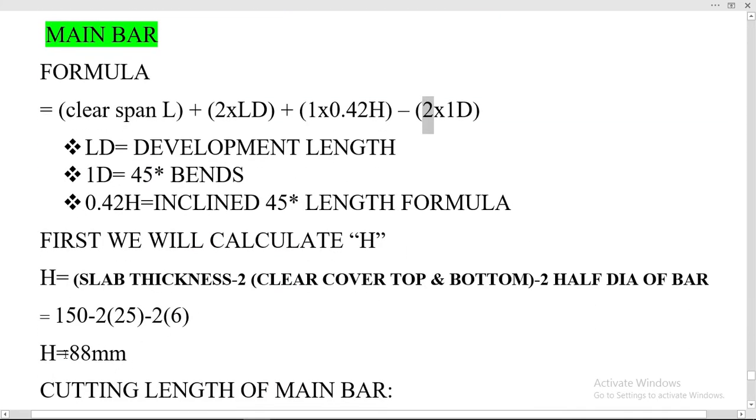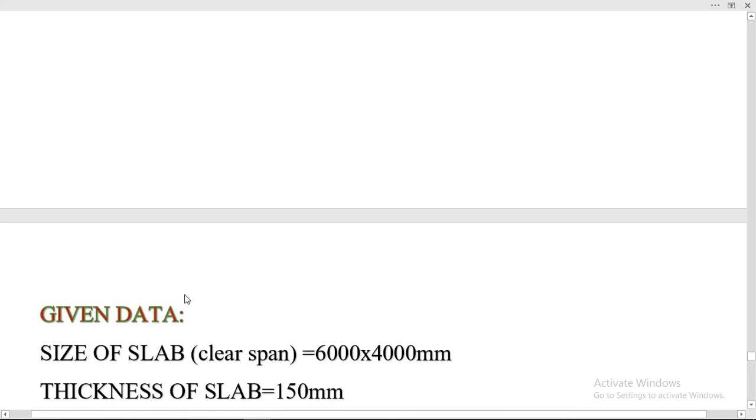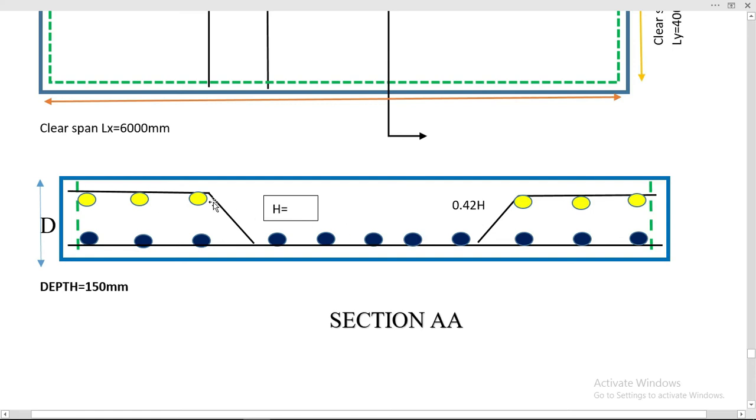So first we will calculate the H value. In the section you can see the H value. Depth is 150 millimeter, so we will deduct top and bottom cover, and then minus 2 into half dia of bar. The dia of this bar is 12 millimeter.